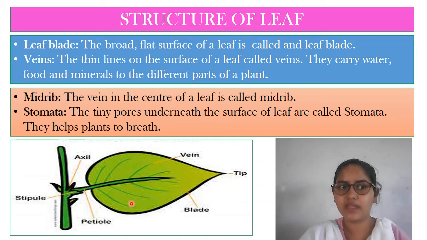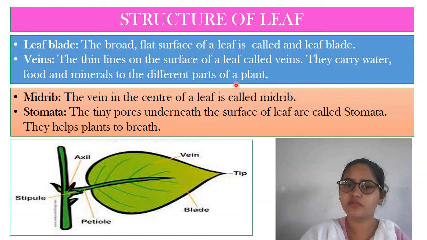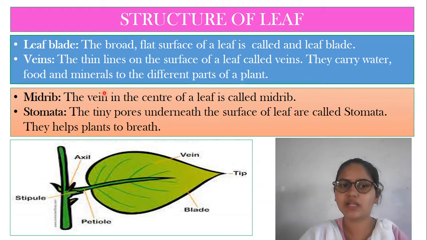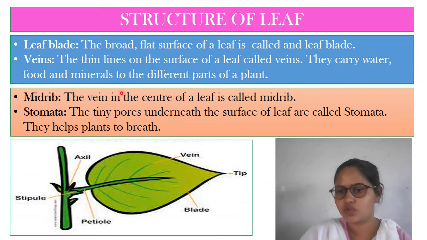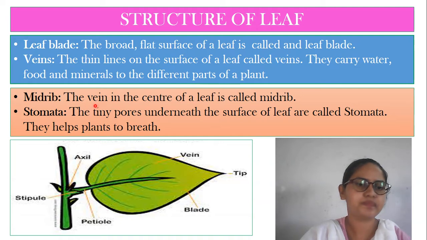What they do is carry water, food, and minerals to the different parts of the plant. So this one is known as the food factory, right? Because it carries the water, food, and minerals. So we can say that this is the food factory of leaves.